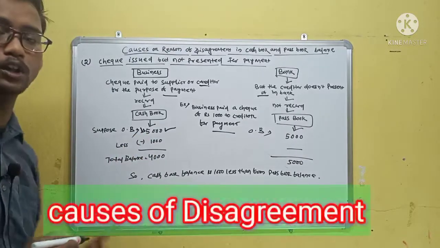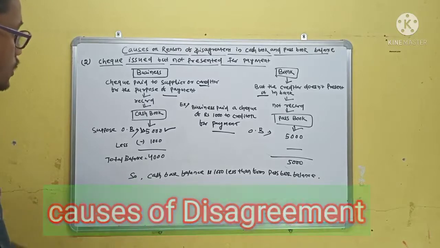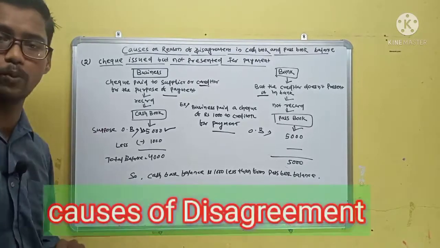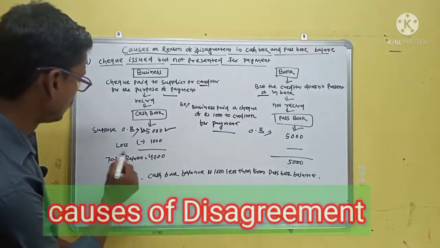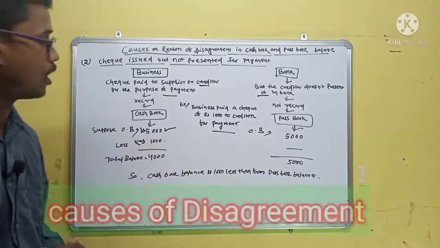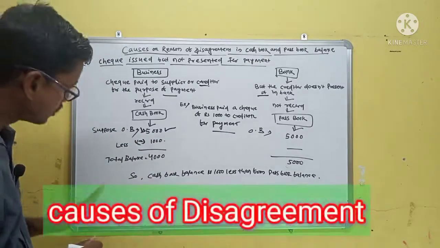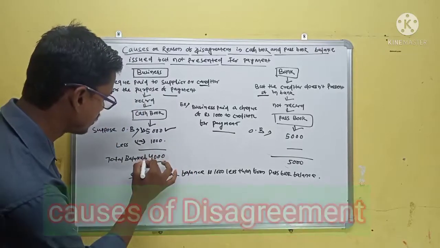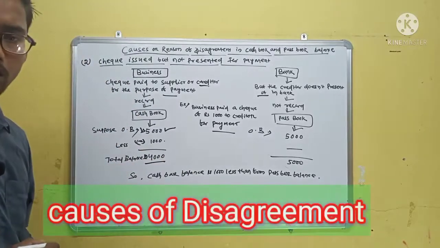When the check is paid for the purpose of payment, the business deducts such an amount from the opening balance of the cash book. So here we deduct 1000 from the opening balance, and the total balance of the cash book is rupees 4000.